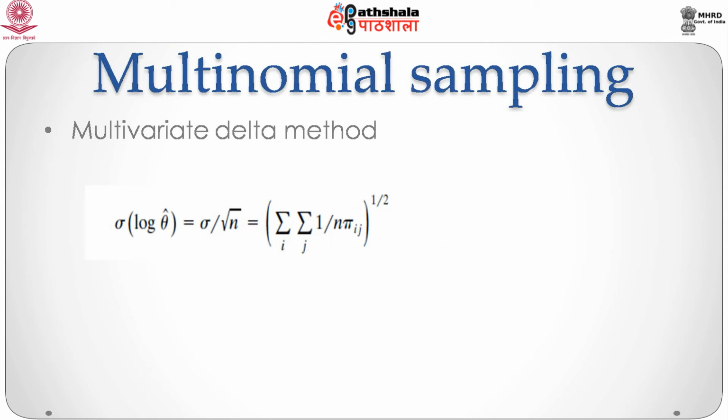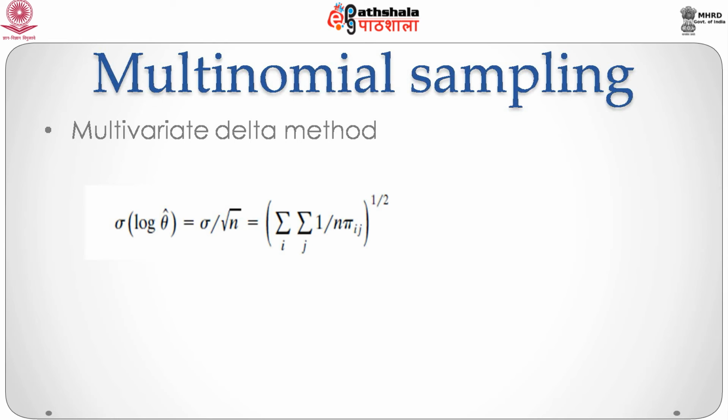We have assumed for the odds ratio that we were sampling from the two rows. A contingency table can arise in many ways, and one of the methods is multinomial sampling, where we are not necessarily sampling along each row, but sampling from the entire table. So we have a total sample size, say n, and each individual could belong to any of the I cross J cells of the table.